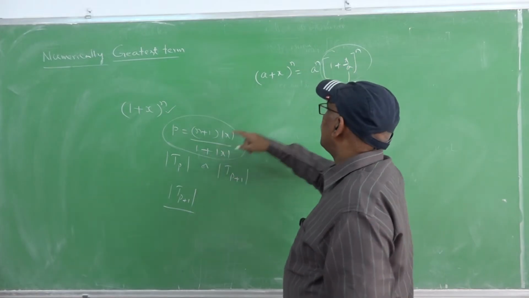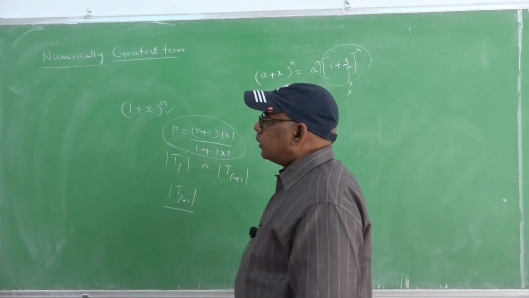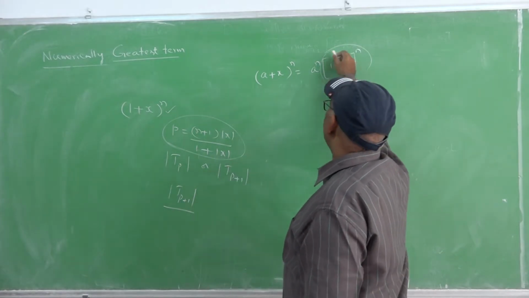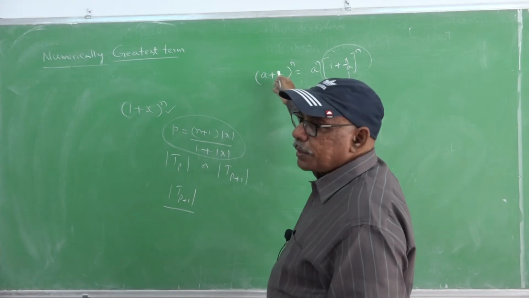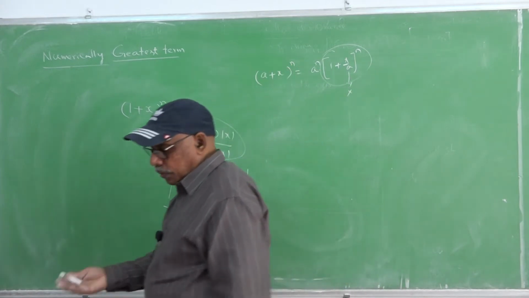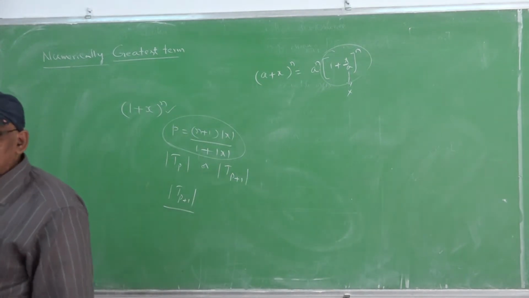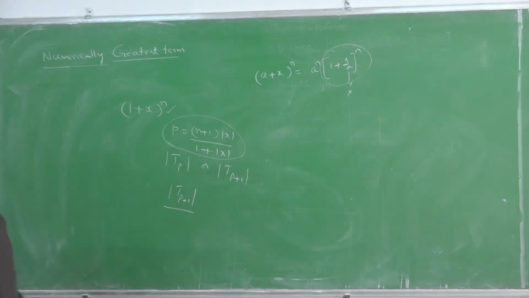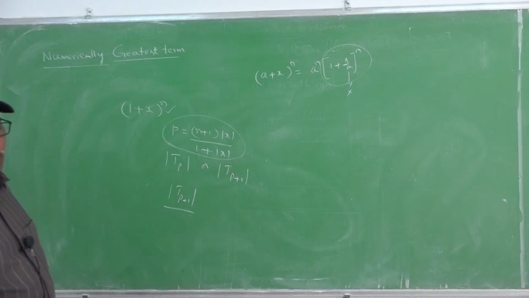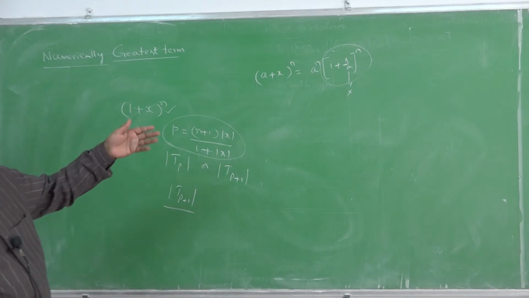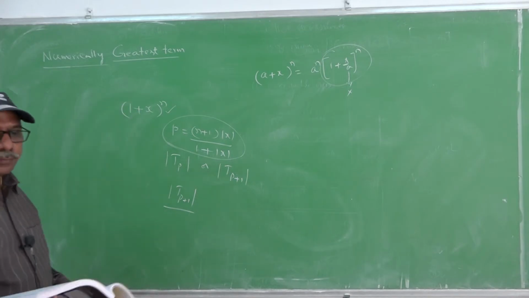Multiply the term with a^n. Once multiplying the numerically greatest term of this expansion with a^n, we get the numerically greatest term of the expansion (a + x)^n. So, that is the procedure we can follow in finding the numerically greatest term of (a + x)^n or (1 + x)^n.